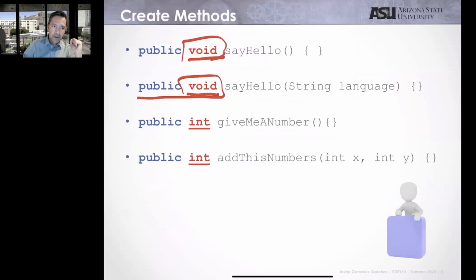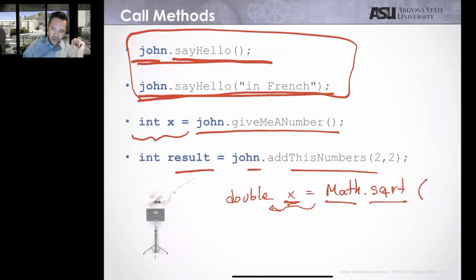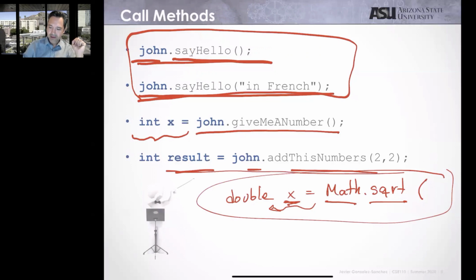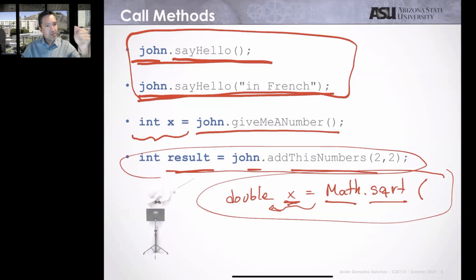Now, if you want your method to do something like the math methods or the JOptionPane method, I want a method that I can call, the method runs, but when the method returns, I want that method to bring me back something.